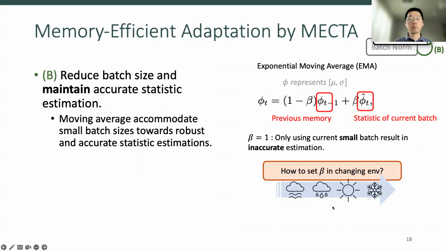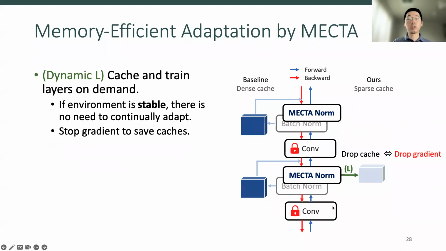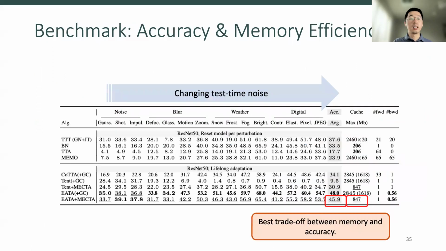But we already show that batch normalization has some specific advantage in robustness. It can capture statistical differences. And previously, people have shown that if you use group norm or these other kinds of normalization, they do not have very good accuracy compared to EATA.